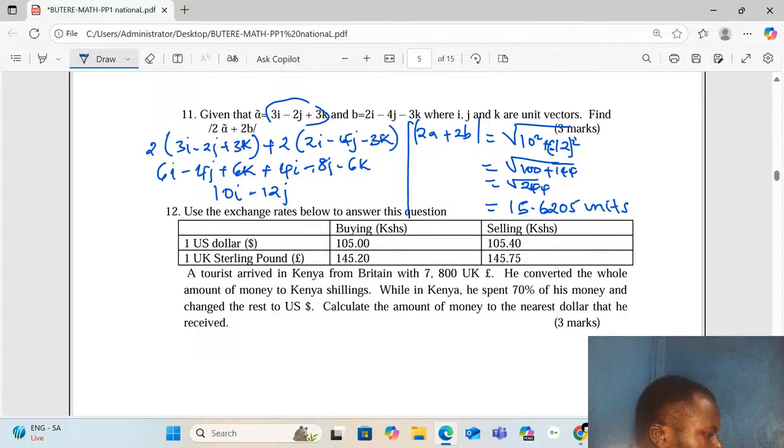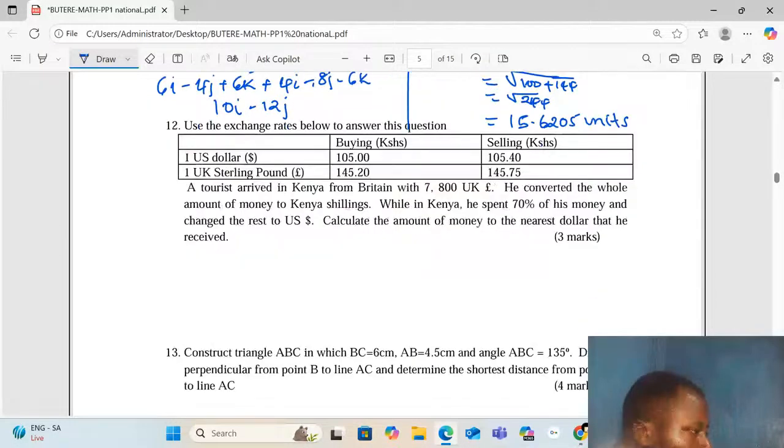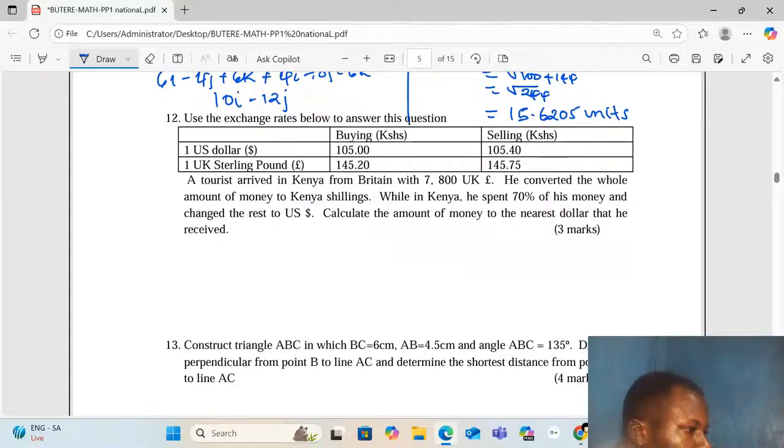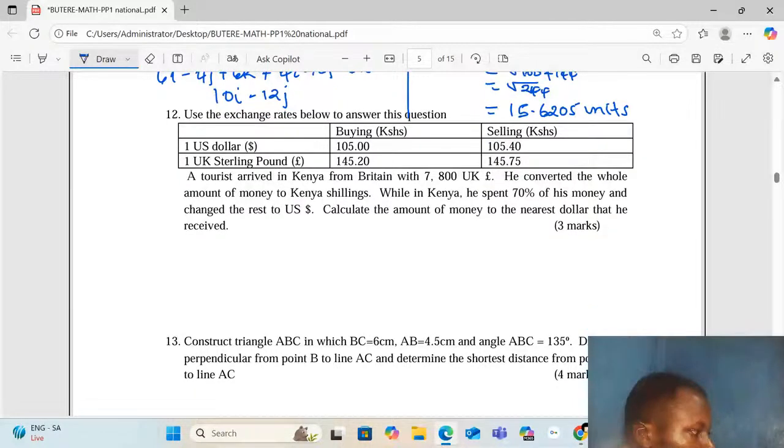Then question number 12, on exchange rates. Use the exchange rates below to answer this question. So you can see the exchange rates on that table.